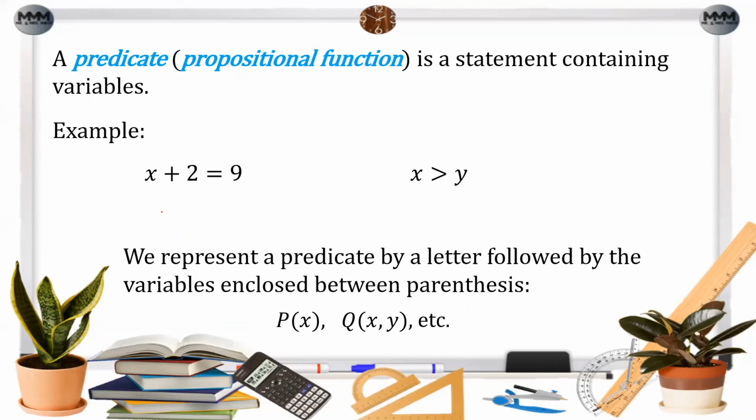So in our example, we can represent the first predicate by p of x. And the other one, we can represent by q of x, y, because we're using two variables, x and y. So whatever variable or variables we are using, we need to reflect it in our notation for the predicate.